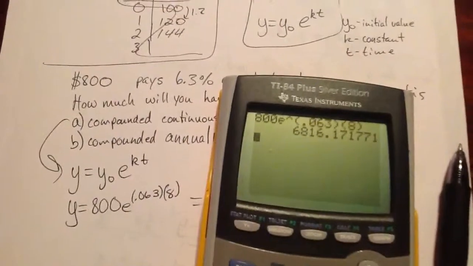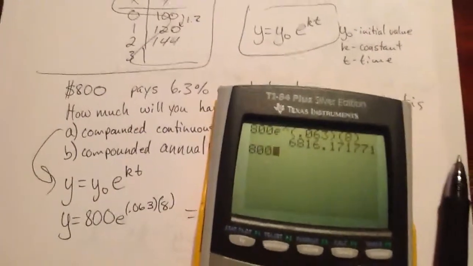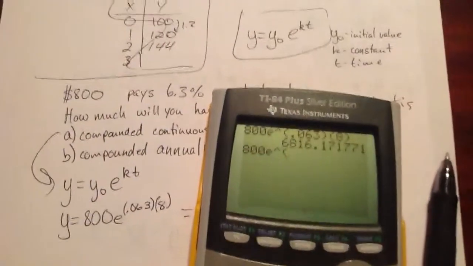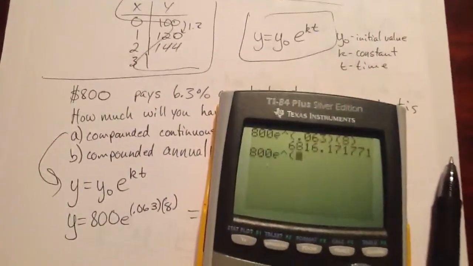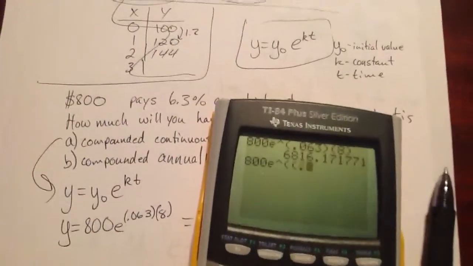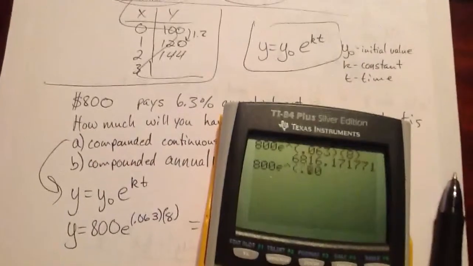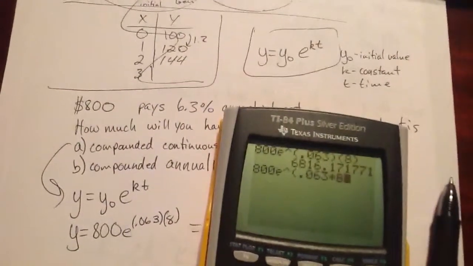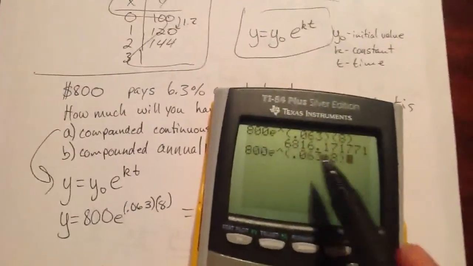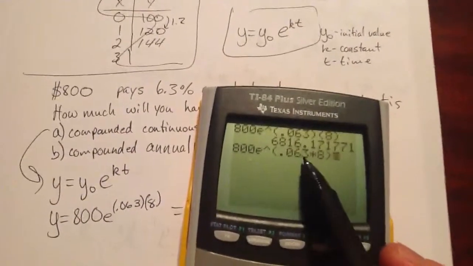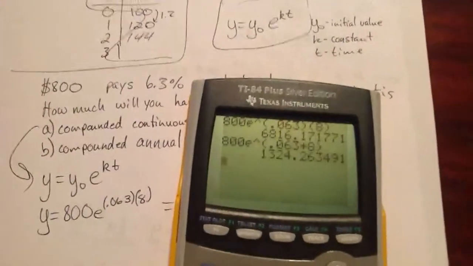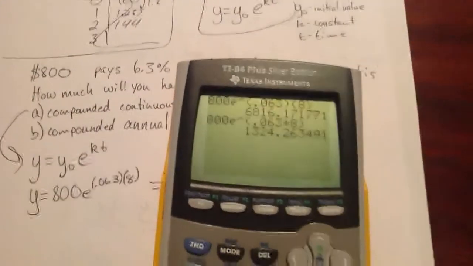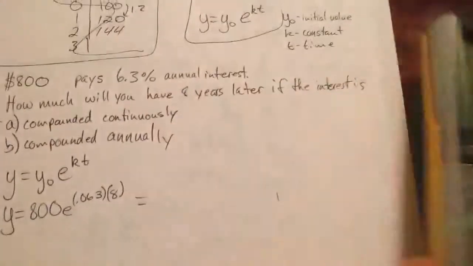So what you have to do is 800 e to the, and then put parentheses around 0.063 times 8, because you want it to multiply the 8 and the 0.063 first, and do that to the e power. There it is. So you'd have $1,324.26.